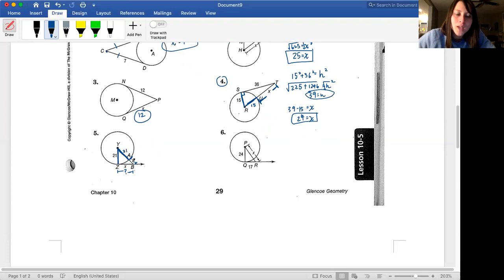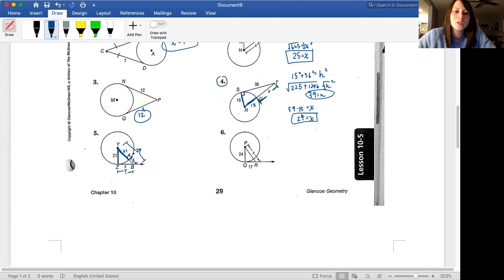So 21 plus 8 is 29, which means this whole entire segment is 29. And this is something you kind of have to visually puzzle piece together to figure out. If you don't transfer the idea that the radius can cross over in any direction, and YA is also the radius, then you're going to be stuck, right? So kind of understanding that radius, if you turn it, no matter where it goes, it's the same distance.